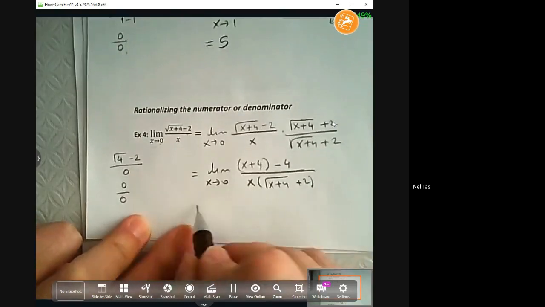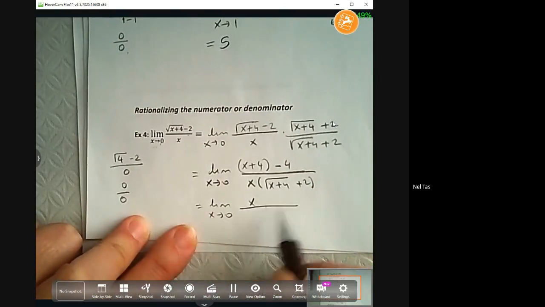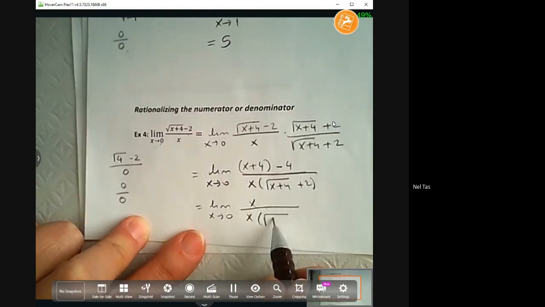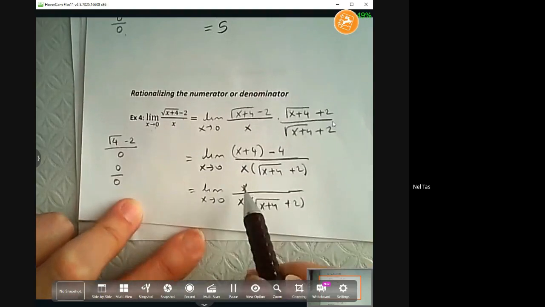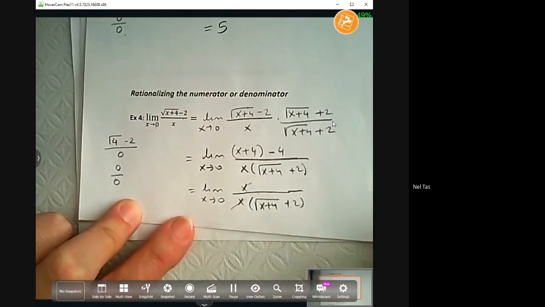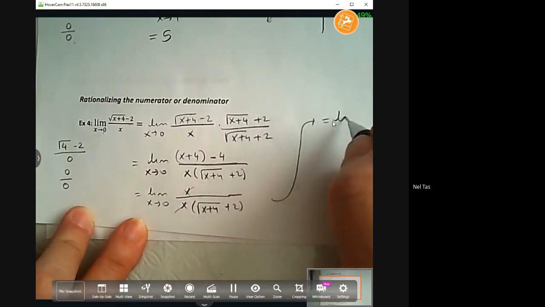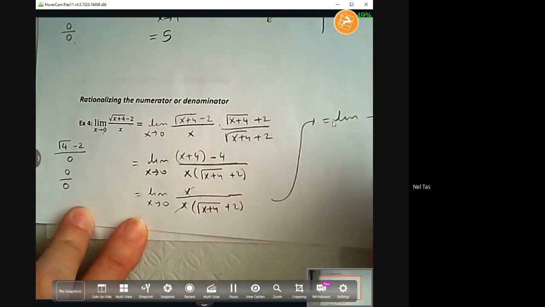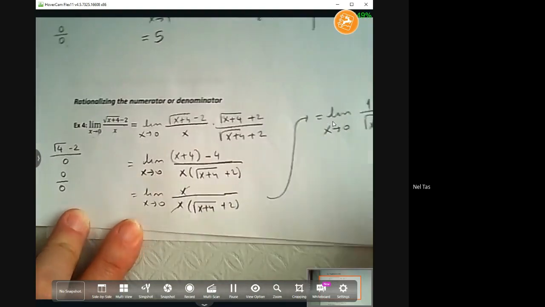So in the numerator now, we have x over x times square root of x plus 4 plus 2. So you see x and x is gone. The limit of 1 over square root of x plus 4 plus 2 as x approaches 0.